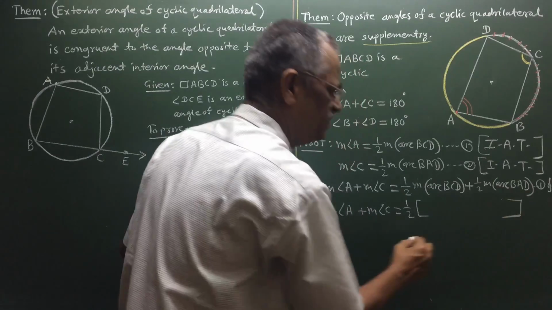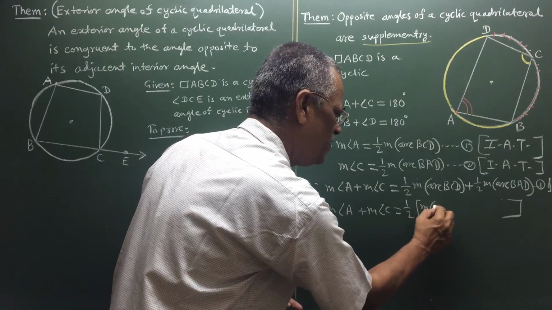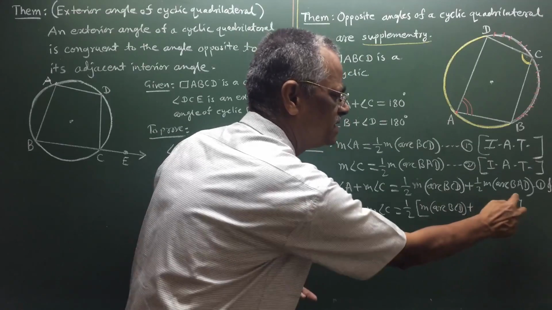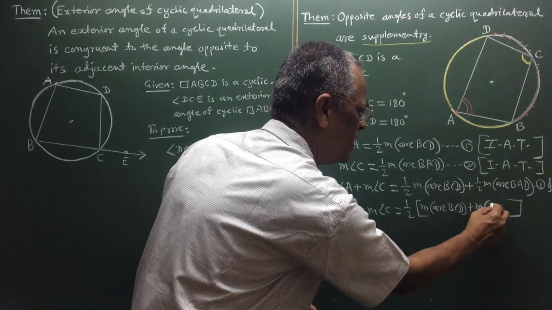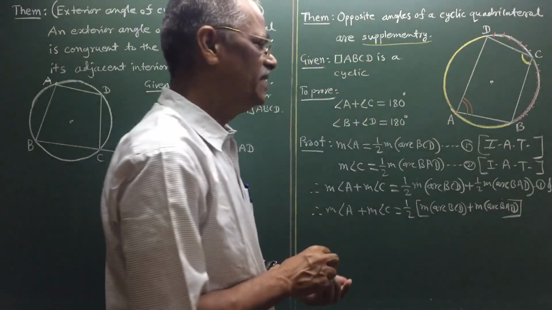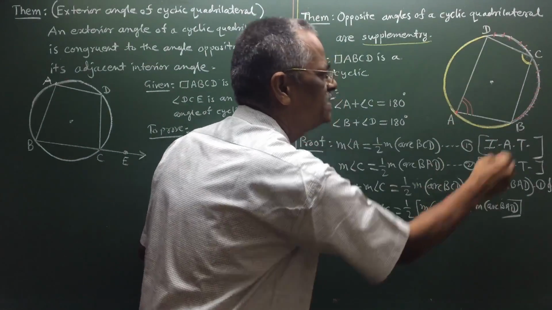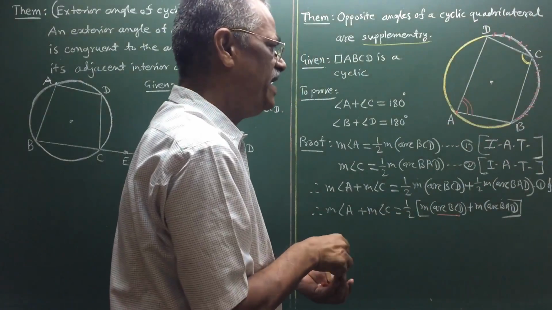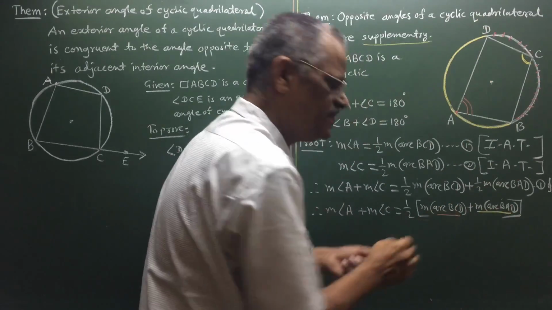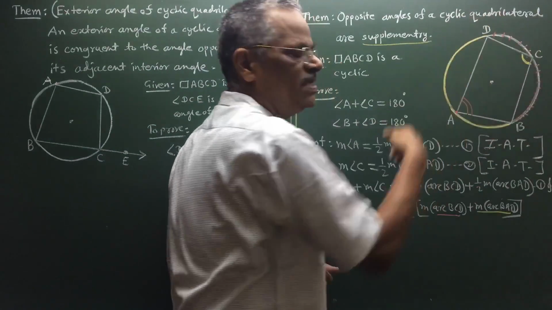And inside the bracket, what is that? Measure of arc BCD plus measure of arc BAD. We can see that this is BCD arc, and BAD arc. Together they are forming circle.